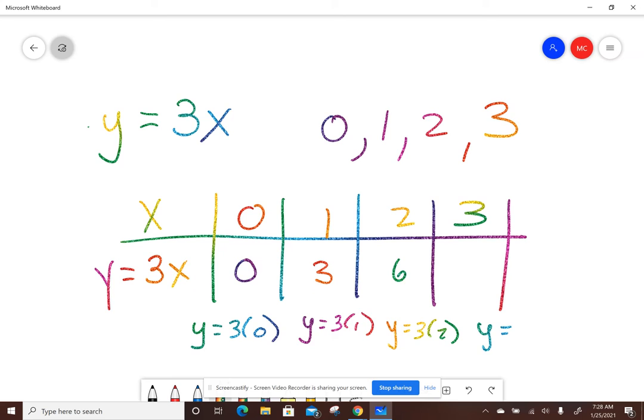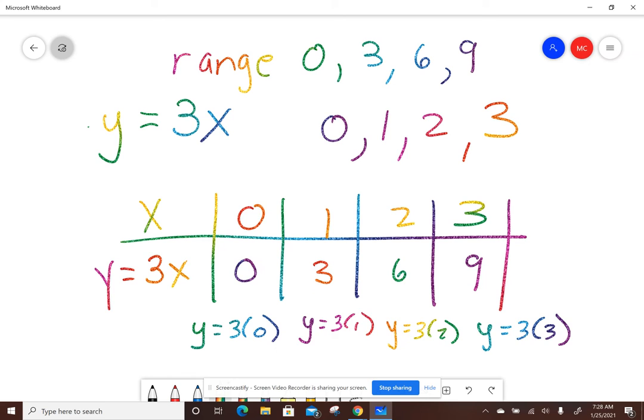For this one, y equals 3 times 3, so this is 9. So my range, it asks us what's the range here. My range is 0, 3, 6, 9. How did I get that? I plugged x in for each of these to get my y.